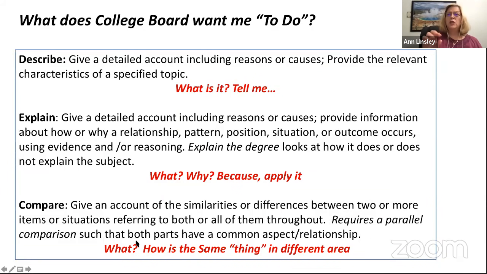That means you're looking at the same thing in a different relationship or in a different spatial area. So what is it and how is it the same in the two different contexts? So you have describe, explain, and compare. Don't dismiss those, y'all. Make sure you understand how to write questions on these. I went over these this morning with my own students, and they've had them all year long.